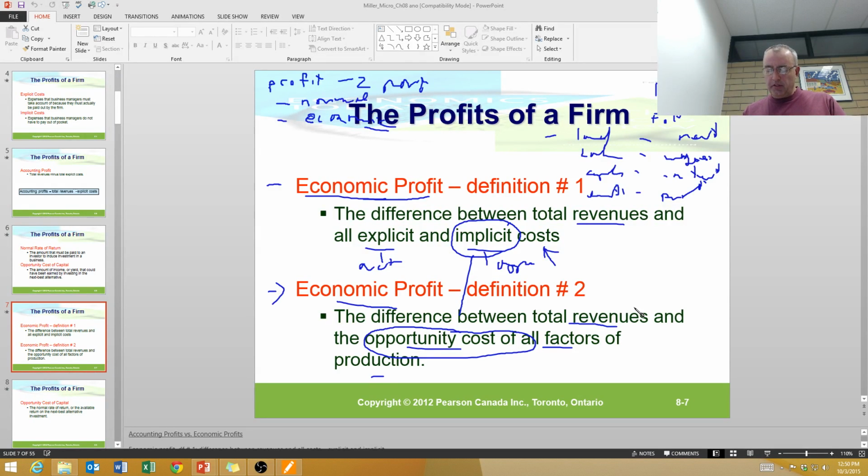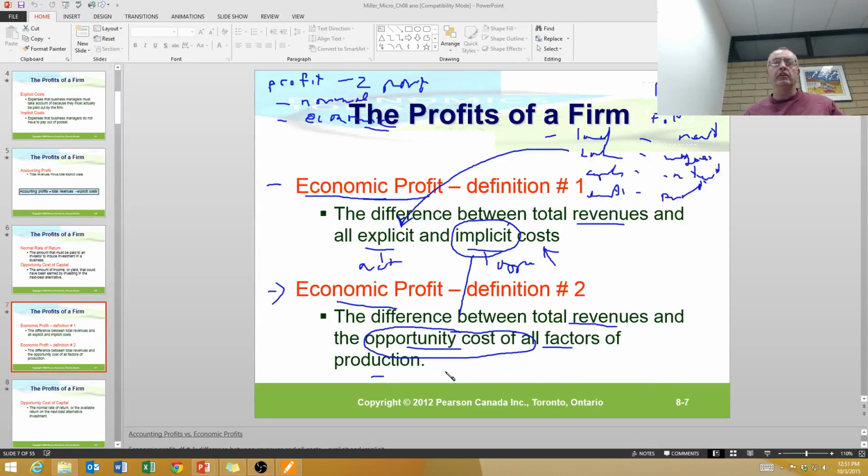So if the opportunity cost of the investment in each factor of production equals its explicit cost, so the cost that's paid by accountants, then economic and accounting profits are identical. But if the opportunity cost of the investment in the factor of production is greater than the explicit cost, then economic profit equals accounting profit minus the additional opportunity cost for that factor of production.